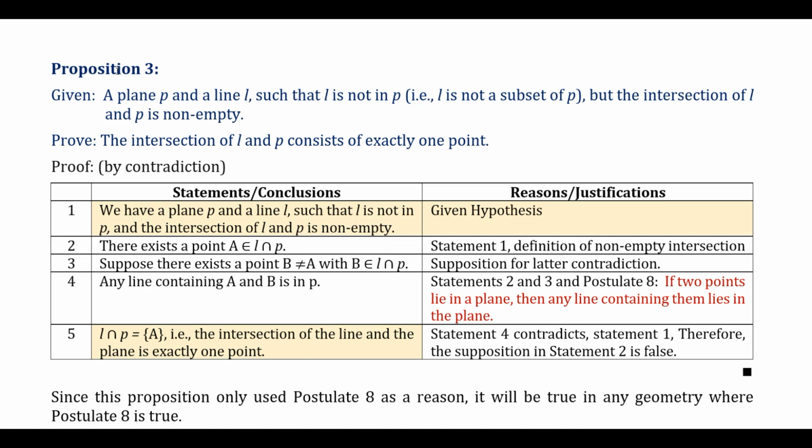So any line containing A and B is in the plane P. Okay, and that is postulate 8 along with 2 and 3. So 2 and 3 say both A and B are in the line and in the plane. And postulate 8 says if any 2 points lie in the plane, then any line containing them also lies in the plane.